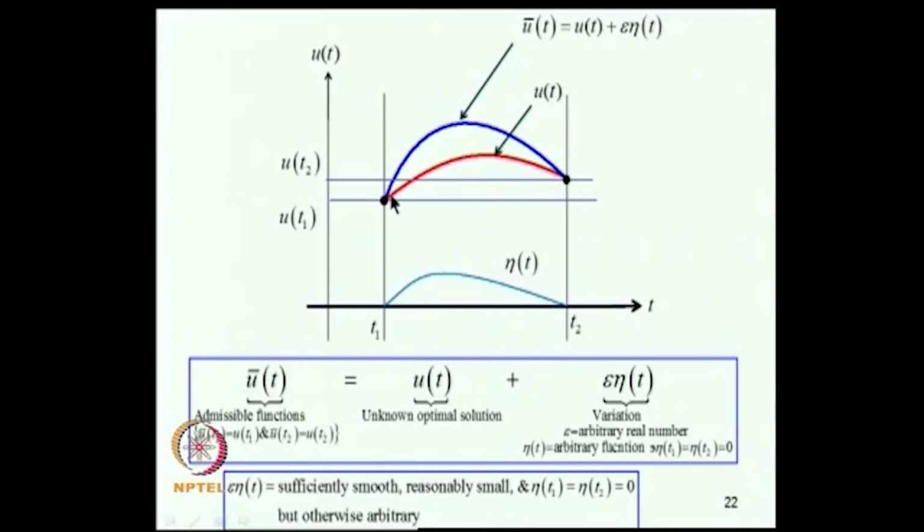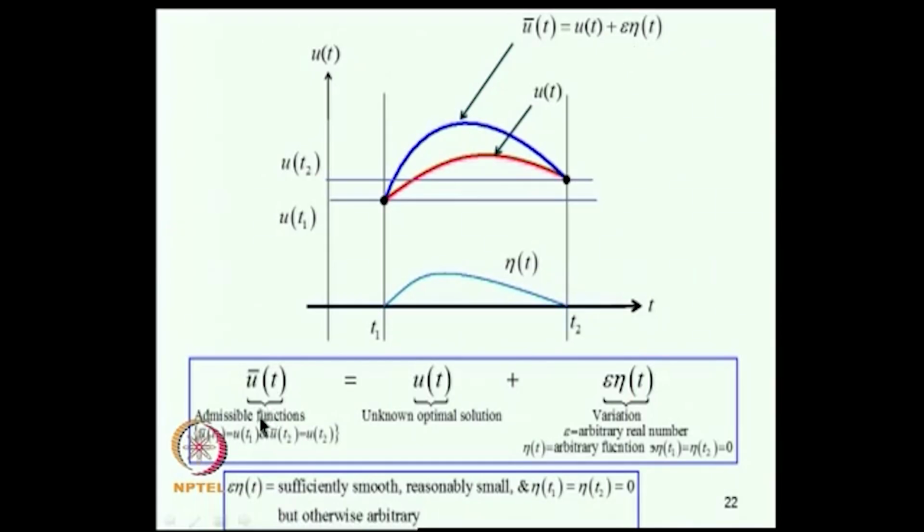Now, what we do is we define a function eta of t, which is shown here. The property of eta of t is such that it is 0 at t equal to t1 and 0 at t equal to t2. So, we construct a function u bar of t, which is the sum of the unknown u of t, which is to be determined, plus epsilon into eta of t, where epsilon is a number.